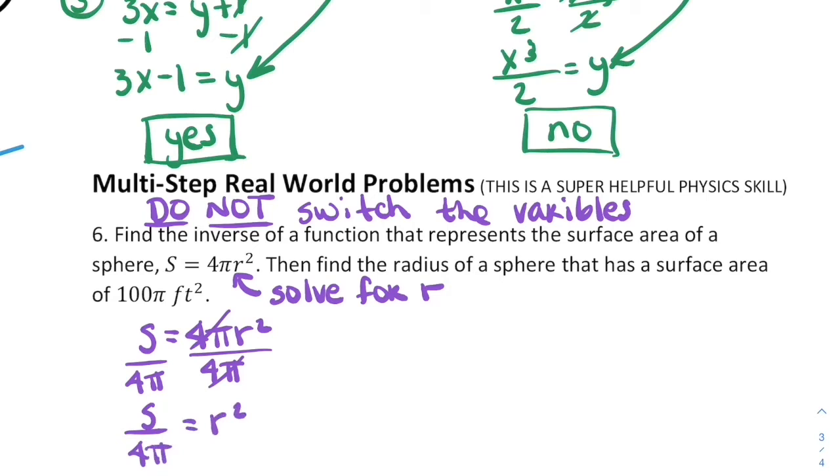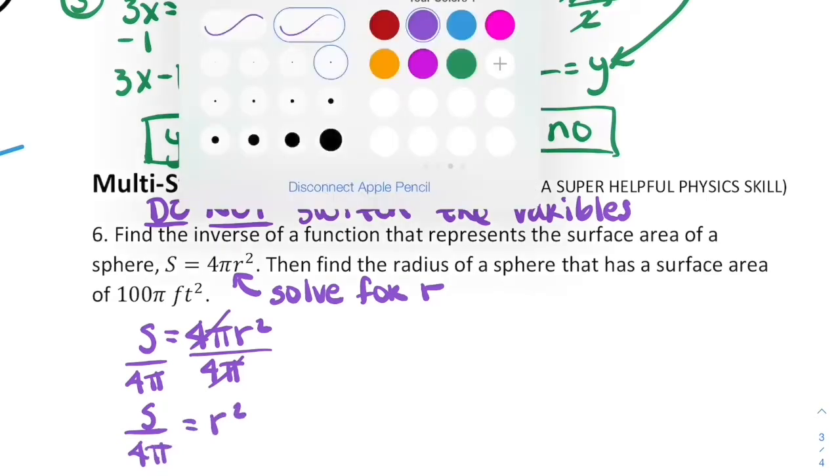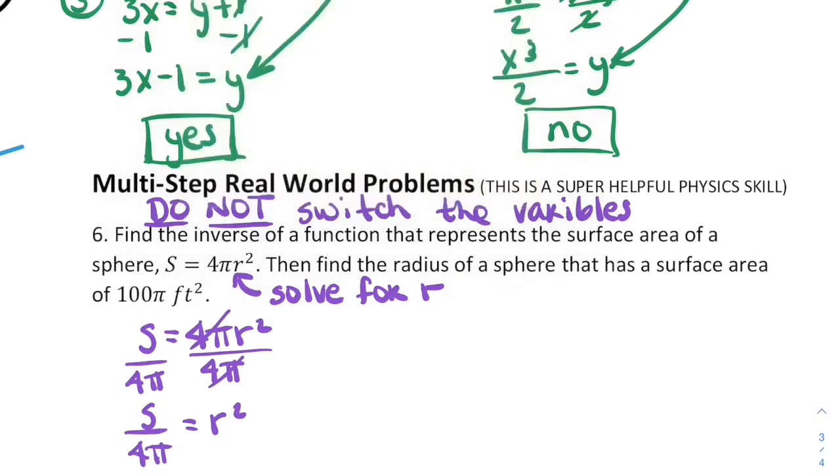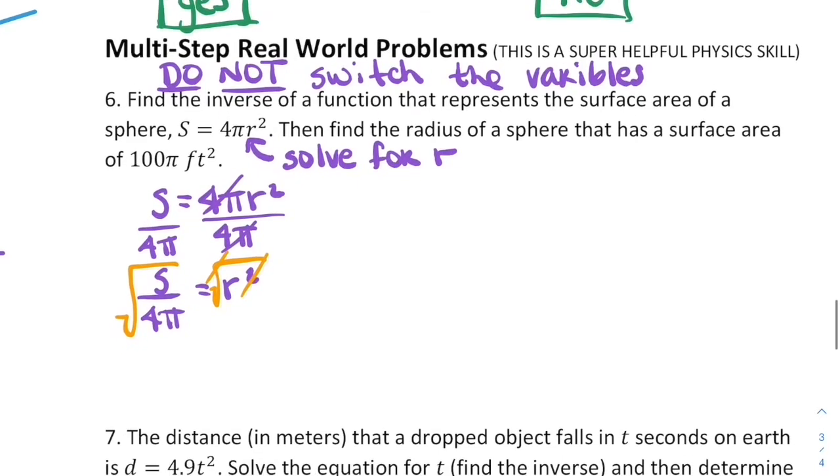Now I need to take the square root. Let's use orange. Take the square root of both sides so that these cancel, and I'm left with square root of s over 4 pi is equal to r.